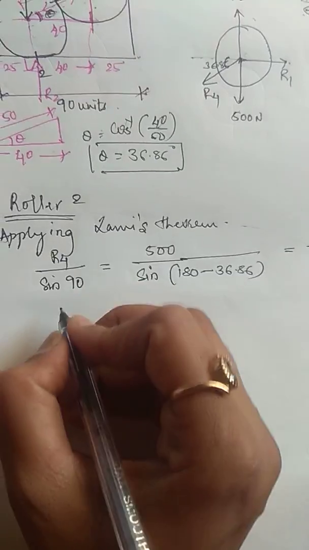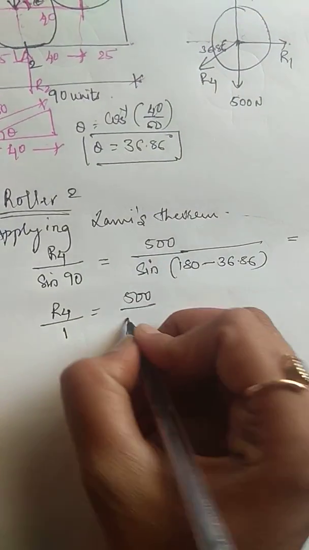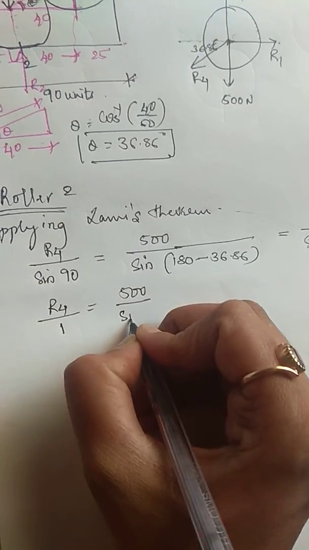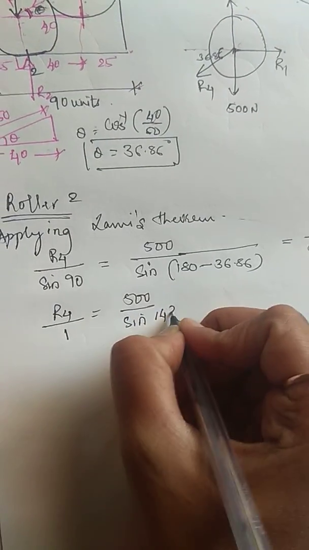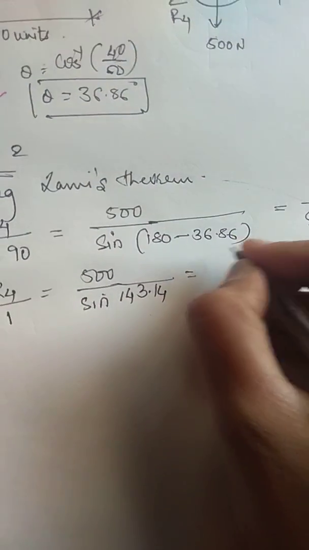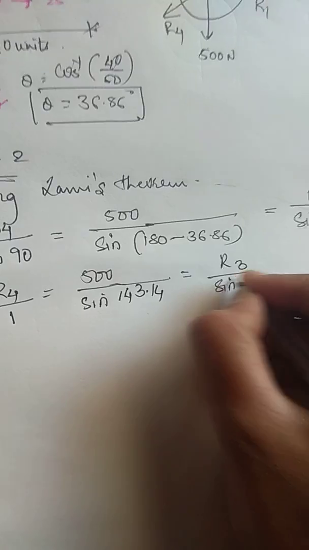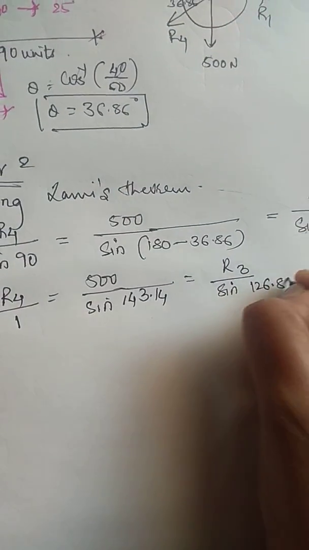So on solving this, I'll have R4 divided by 1, which is equal to 500 divided by sine of 143.14, and R3 divided by sine of 126.86.